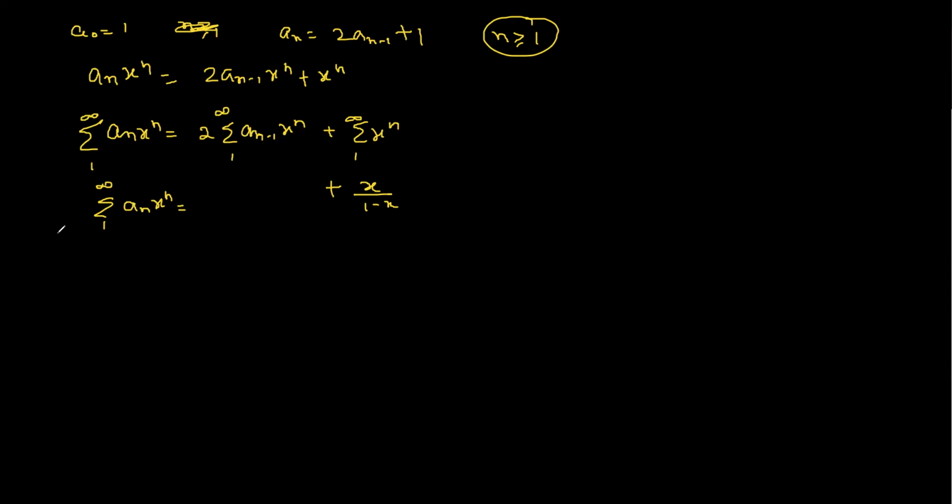Then what will you write? See here. If you multiply x here, then you have to divide also. So this x can be taken outside. Now, when you merge this, can you write in this way?